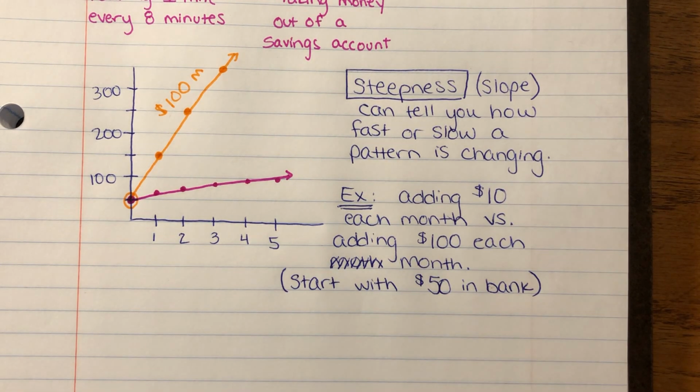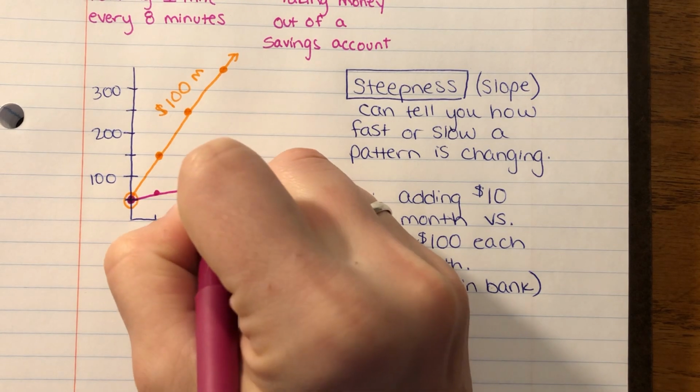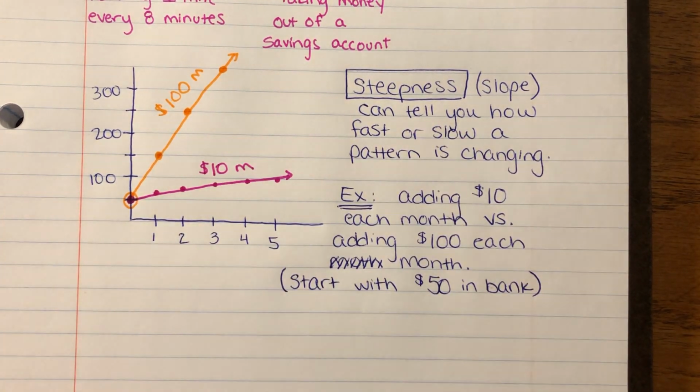Don't forget to label your lines so you can tell which one is which. Once we've got this visual done, it's pretty easy for us to see that $100 a month is going to grow faster. And we knew that based on the setup of the problem, but it's also nice to be able to actually visualize it as well.